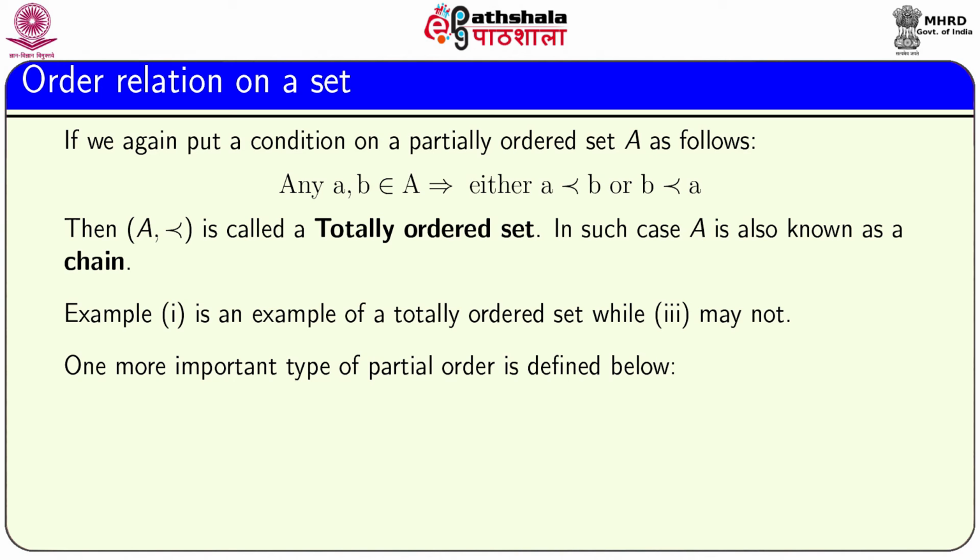If we again put a condition on a partially ordered set, that whenever two points a and b are taken from A, either a ≲ b or b ≲ a, then this particular partially ordered set is called a totally ordered set, and in such case we call that set A a chain.